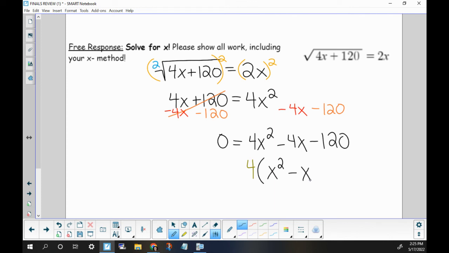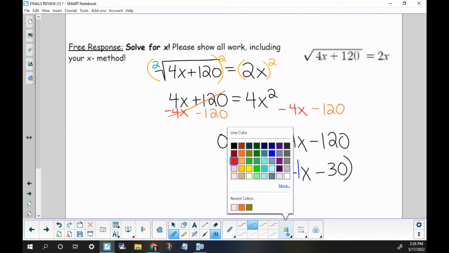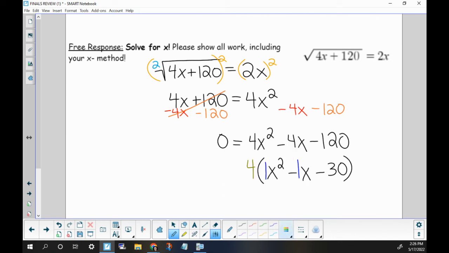And then what did we get when we divided negative 120 by 4? Negative 30. We could have divided all these by 4.